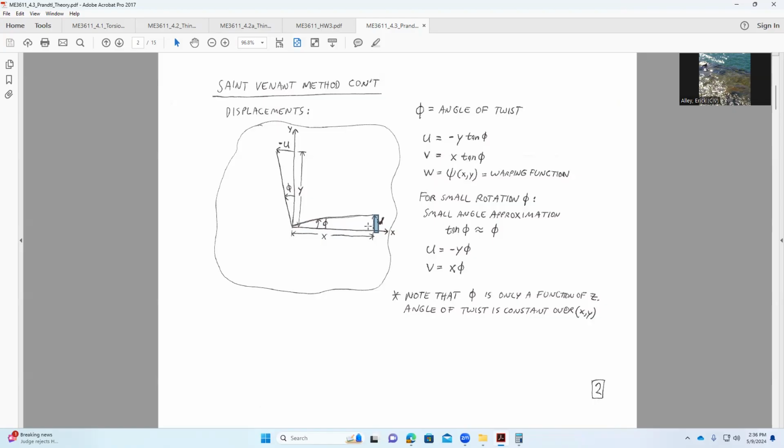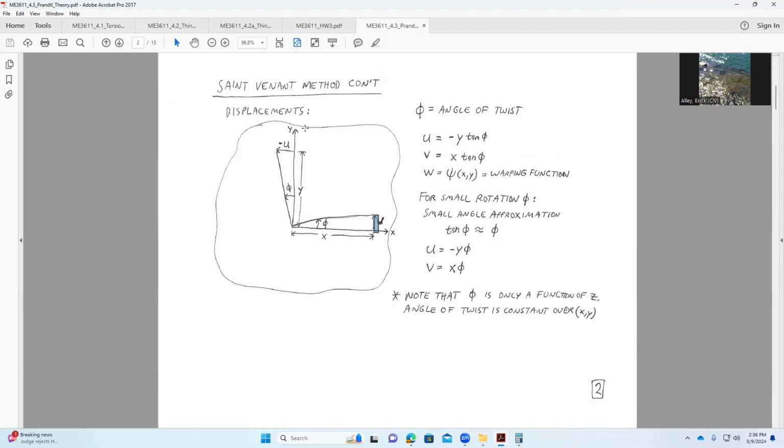So I can say that based on what I see on the x-axis here, my vertical displacement V is going to be some x distance times tangent phi. X tan phi is going to give me that vertical displacement based on what I can observe anywhere on this horizontal axis. Right when we start rotating, it's just going to move up or down.